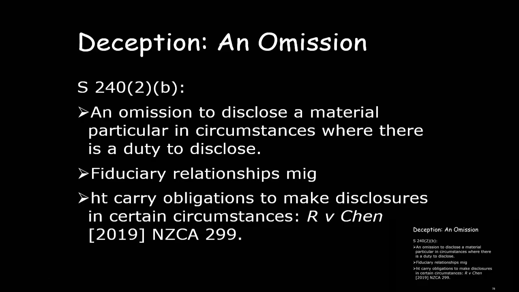So if you've got a fiduciary relationship, that might give rise to an obligation to make disclosure. Now, in the case of Chen, this person was a solicitor who was acting for a bank, and he got himself in some strife because the bank gave a loan and he knew that the documentation that had been relied upon by the bank to give the loan was false, right?